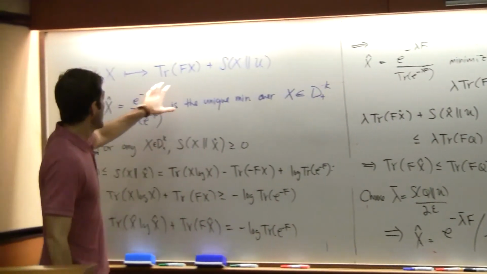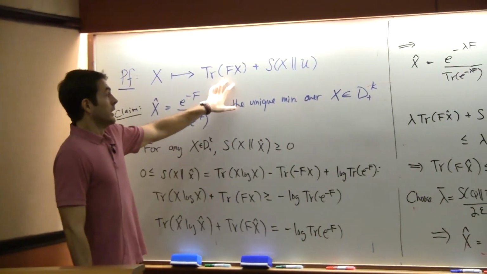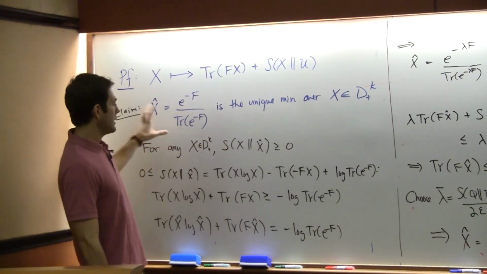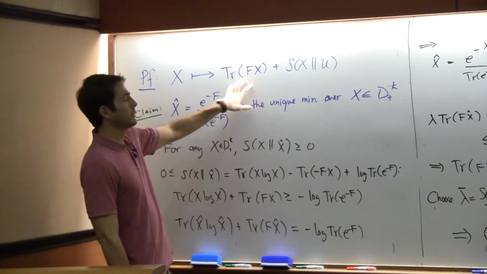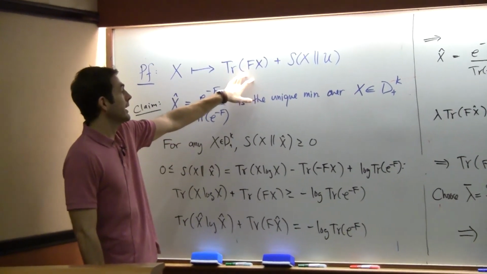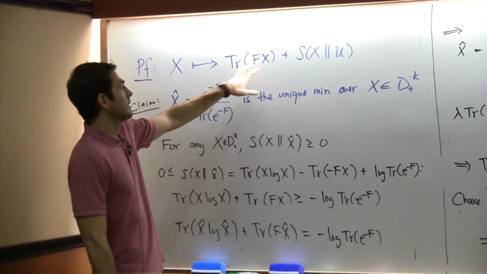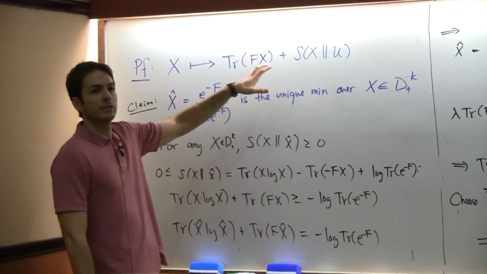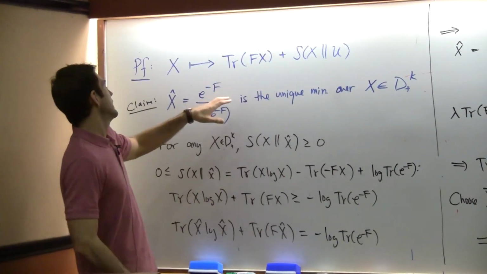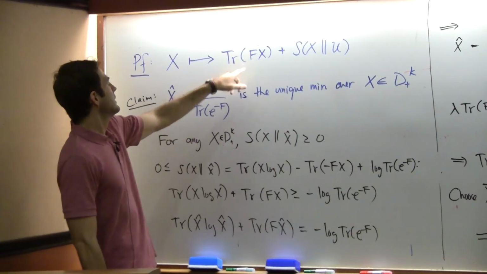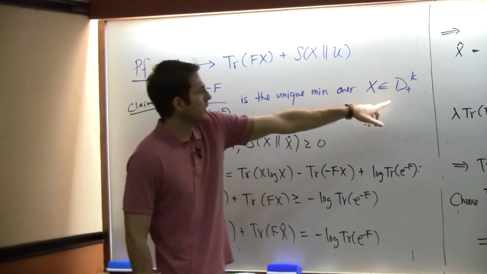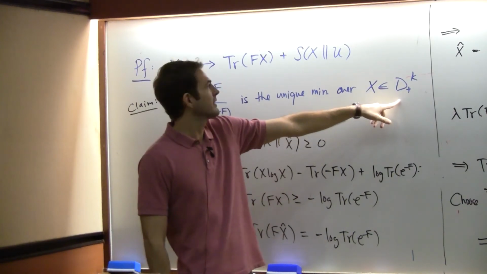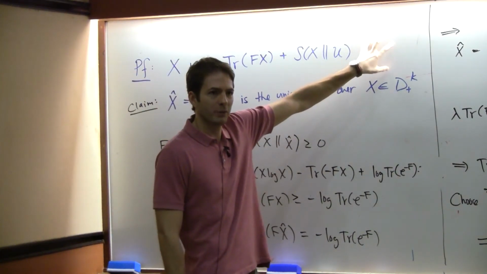It's really just, you write down this optimization. Here I did the proof, but in general you could just calculate what the optimal solution will look like, by setting the gradient equal to 0 and checking. This is a constrained optimization problem because we're optimizing over the density matrix, so you need to add a Lagrange multiplier for that constraint.